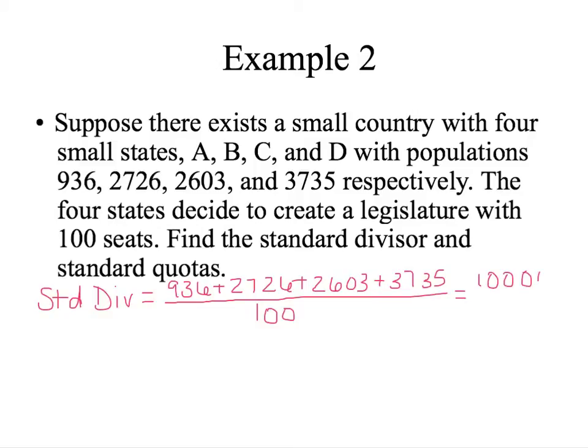The sum of the numerator is 10,000 divided by 100, and my standard divisor is 100.